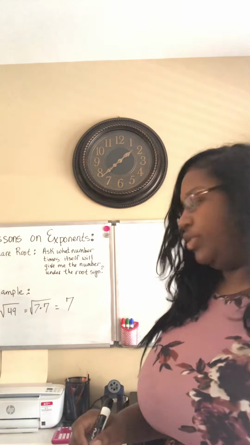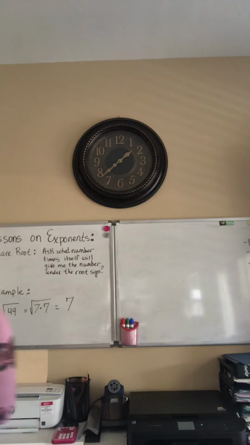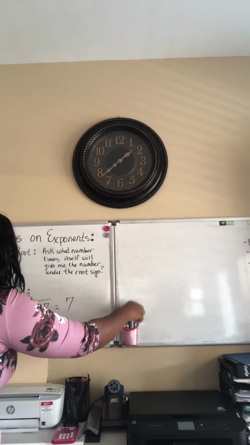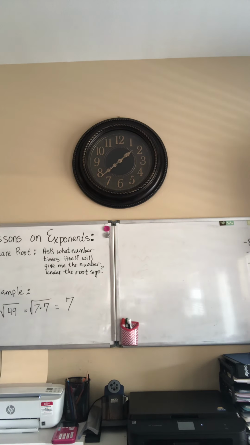Okay, let's do one more, and then we're going to look at a little bit more complicated version of this. For square roots, it's very simple. Let's say we have the square root of 625.